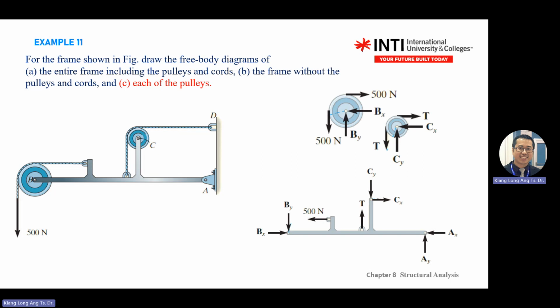That's why I show you side by side. For B, the direction is flipped: BY flip, BX also flip. C is also the same. If your CX is to the right and CY goes down, when you draw the pulley, flip the CX, CY.